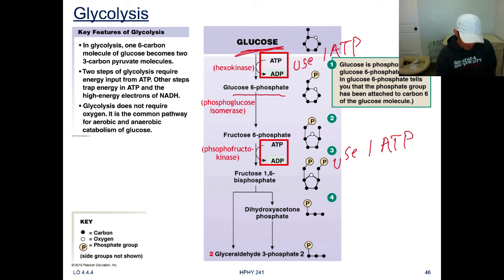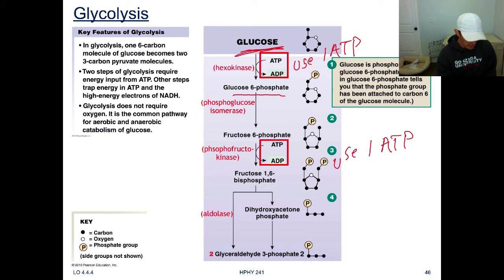So now, basically what happens in this next series of steps is this molecule gets split down the middle, essentially, and we go from a 6-carbon structure into 2 molecules of a 3-carbon structure. Okay, so we start with fructose 1,6-bisphosphate, and aldolase is an enzyme that converts this structure into this molecule called glyceraldehyde 3-phosphate.